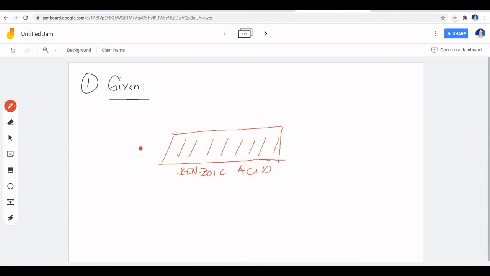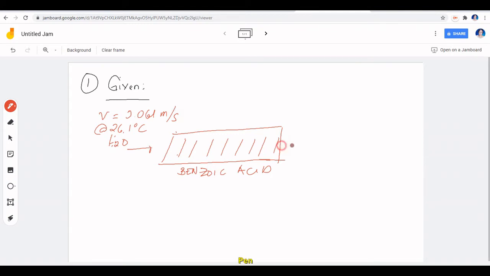Above this flat plate we have flowing water. So this water has the following information. So it's at 26.1 degrees Celsius, and its velocity is given as 0.61 meters per second.